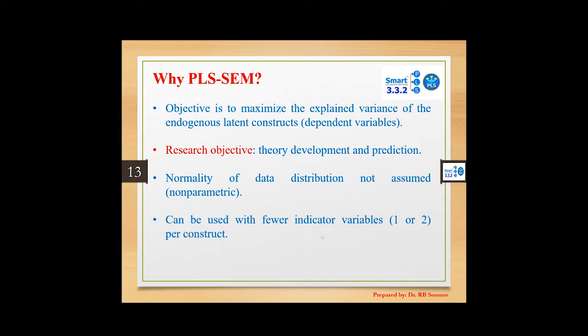Especially in AMOS, because most of the time I have worked in AMOS, I know that if there are fewer than 3 indicators of any variable, then AMOS does not provide the complete results. Although partial results may be provided, not the complete ones, because it is a limitation, since it requires at least 3 indicators because it's a covariance approach.